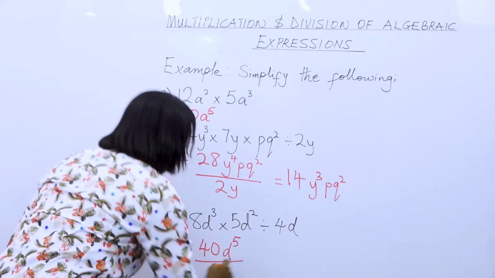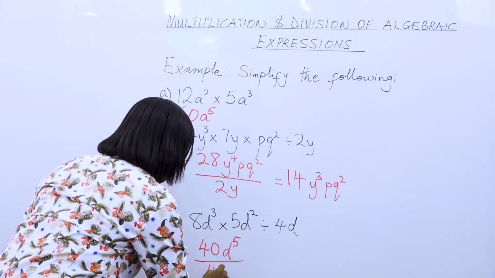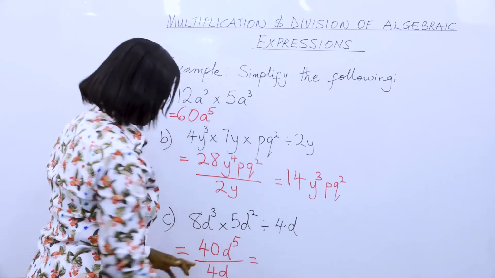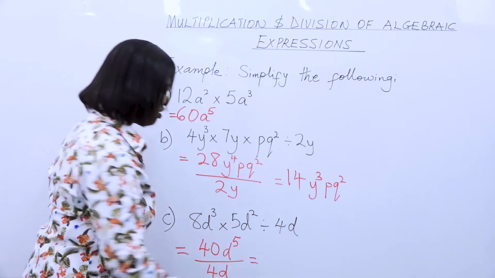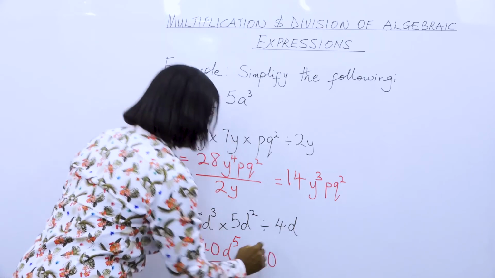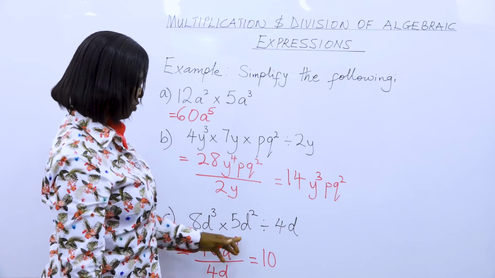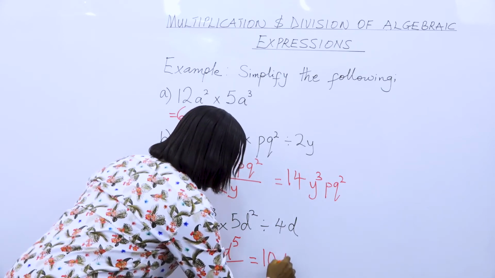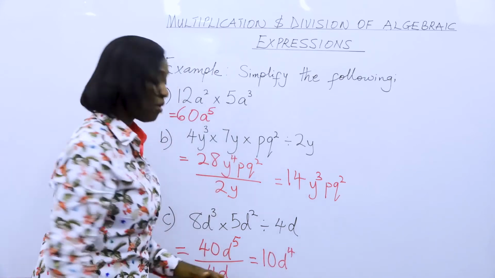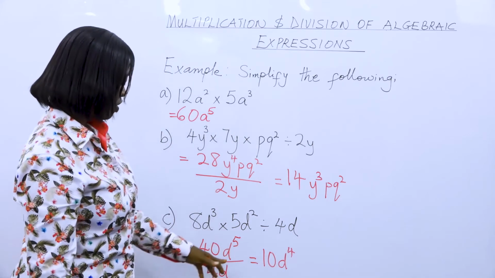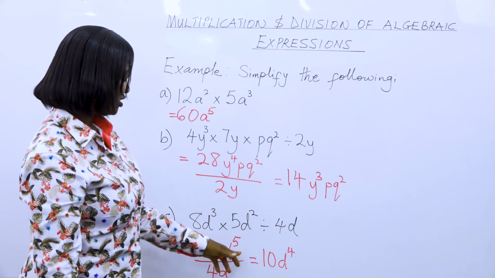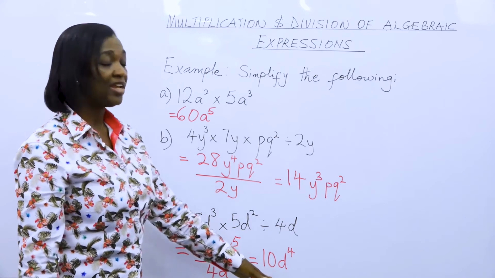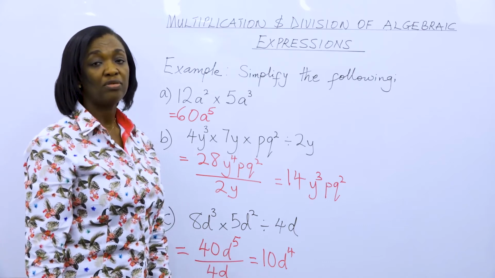And we're dividing by 4d. So the answer is 40 divided by 4 is 10. D to the power 5 divided by d would give us d to the power 4, because what that simply means is that the d here cancels out one of the d's there. So the answer is 10d to the power 4.